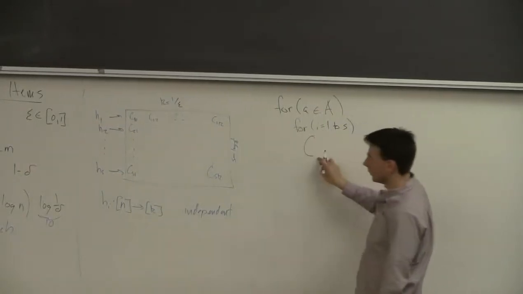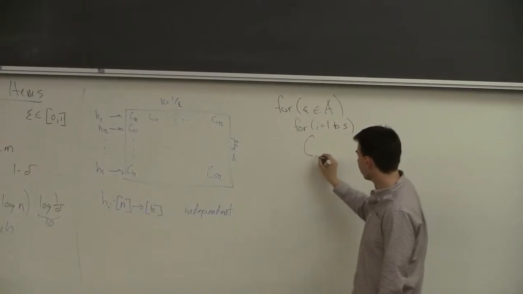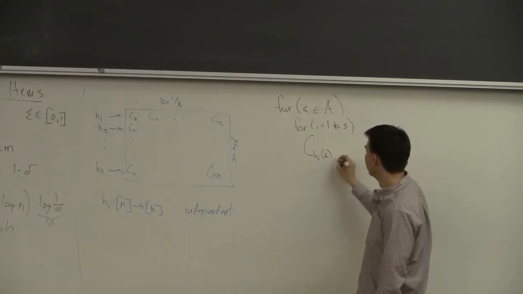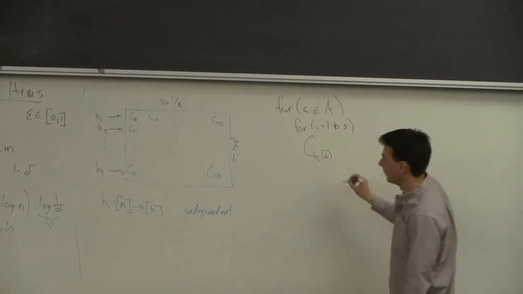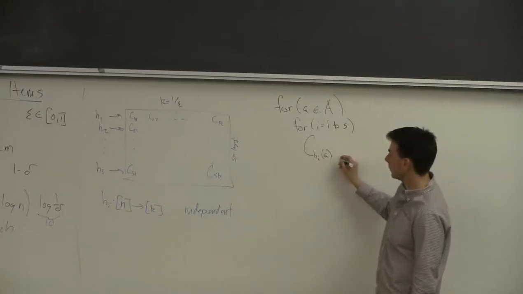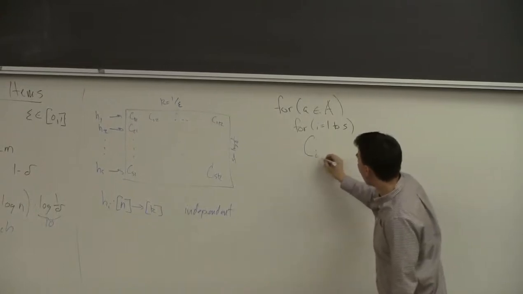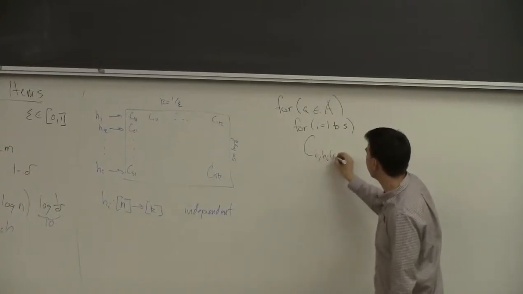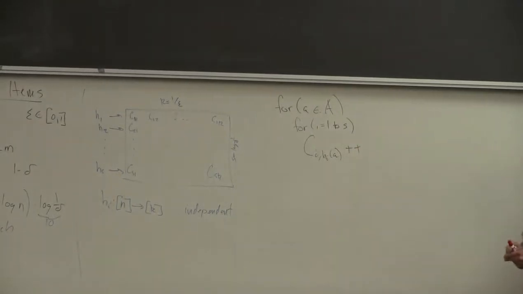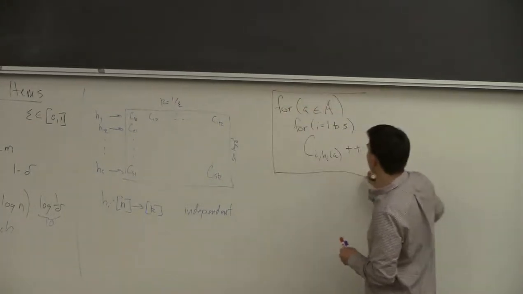The counter c of i comma hi of a, I'm going to increment this. And this is the whole algorithm.